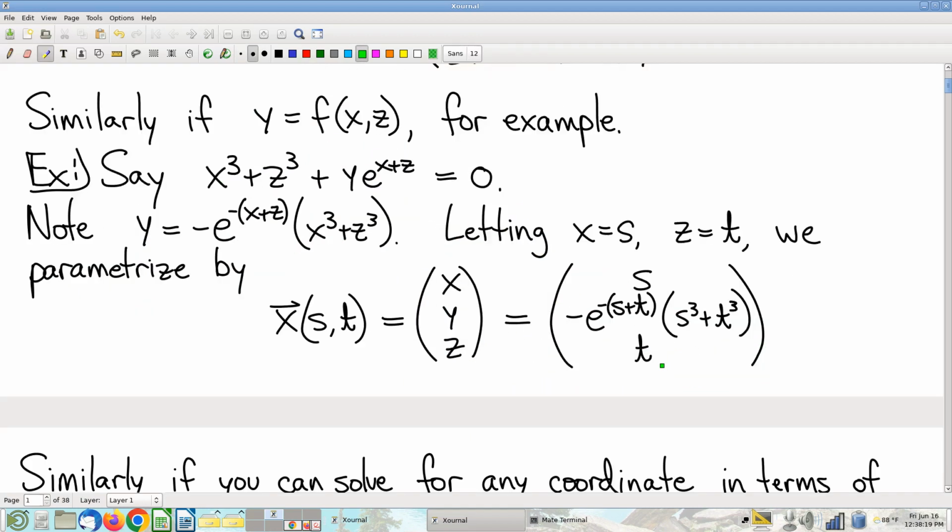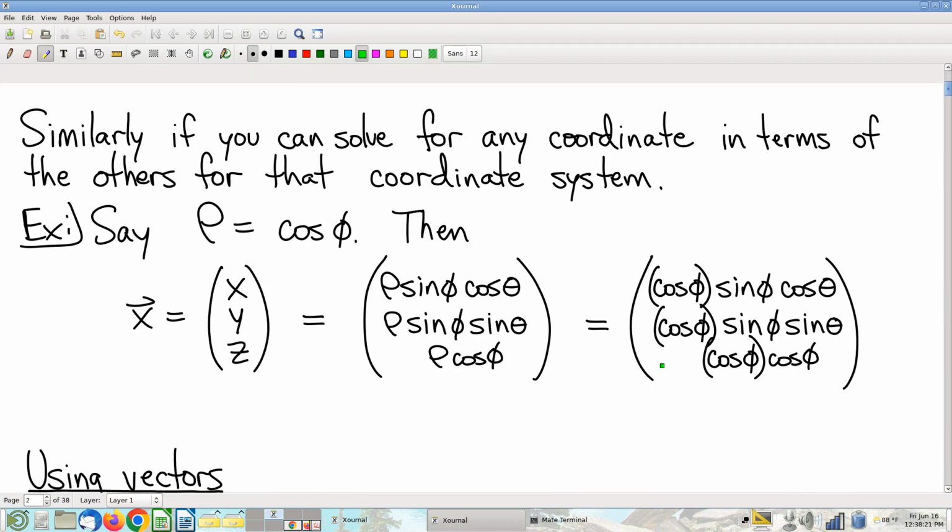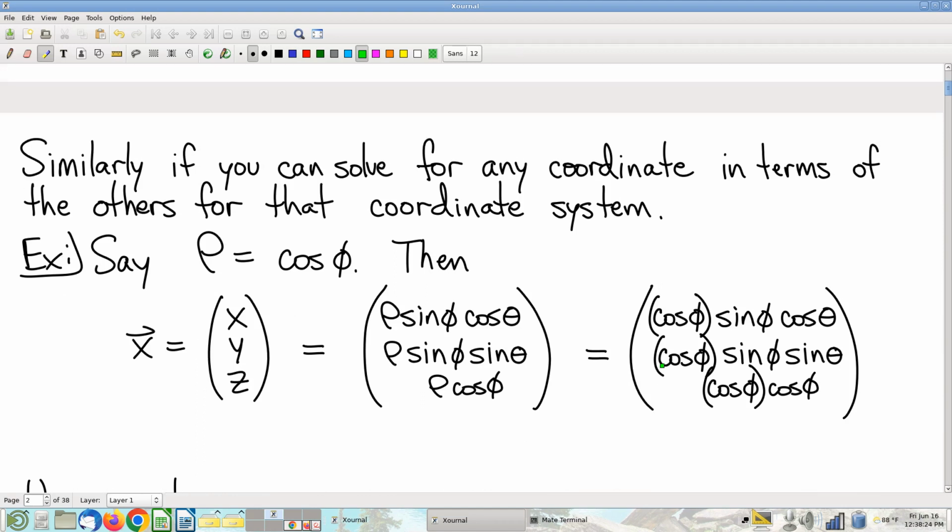All right, so here's another version of this. This is an alternate coordinate system version of this. You don't even have to have solved for one of the rectangular variables. You can solve for any variable in any coordinate system in terms of the other two variables of that coordinate system.